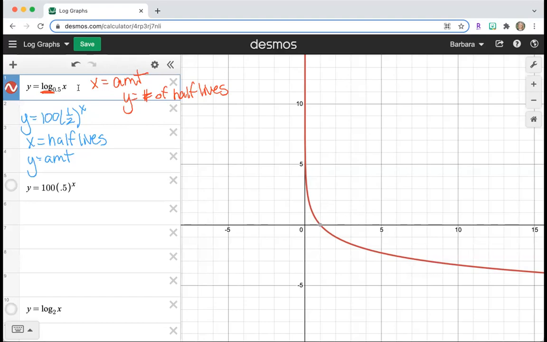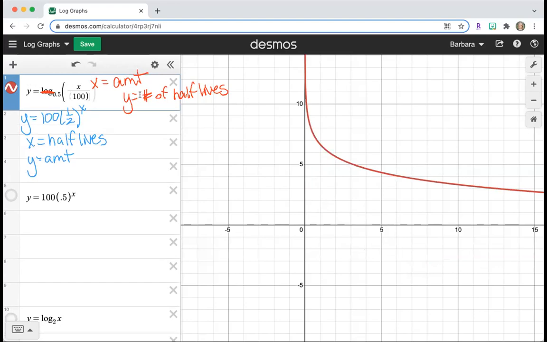Maybe that's, if we want the x to be strictly the grams, so we started off with the 100, it would have been x divided by 100. And so now we can see, I think, right there at 1 is our y.